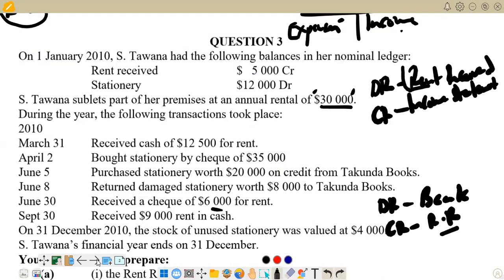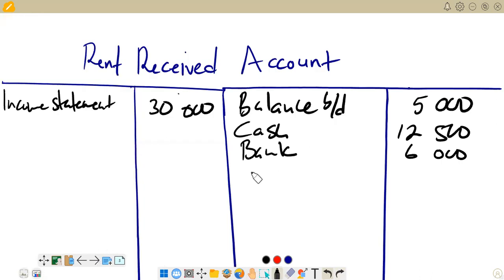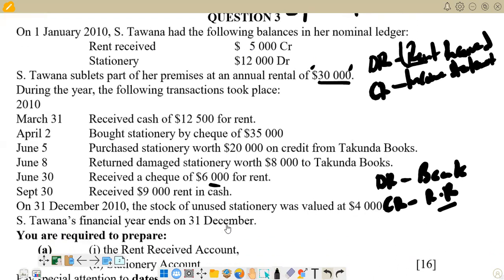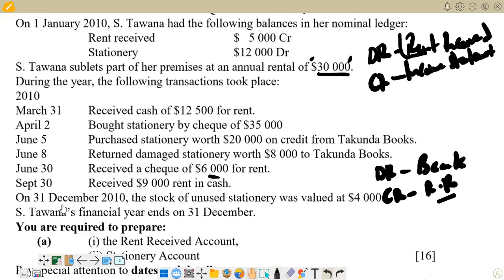Then we check again if we've got anything that is going to affect this. We are seeing that that's the last part, but we've got some information below again. It says on 31 December 2010, the stock of new stationery was, and this is affecting the stationery again. So we have come to the end, so we can go and balance our account now.